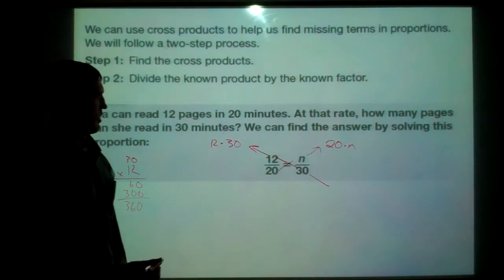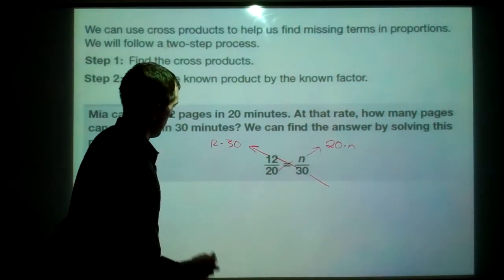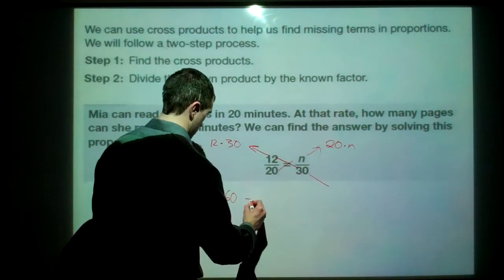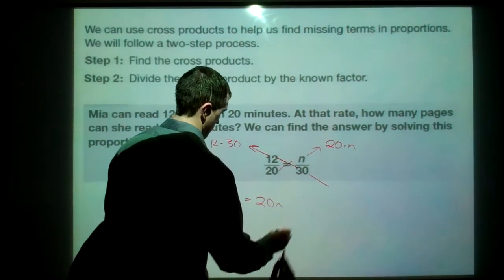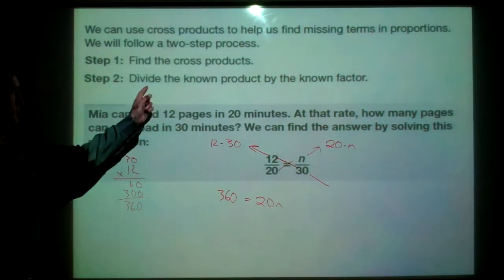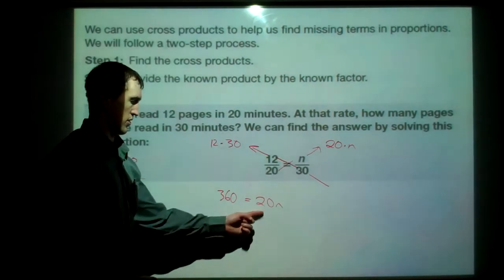Alright, so here's what we have. These cross products should be equal. So we have 360 equal to 20 times n. And then our second step says we're going to divide the known product by the known factor. So we're going to divide by 20.